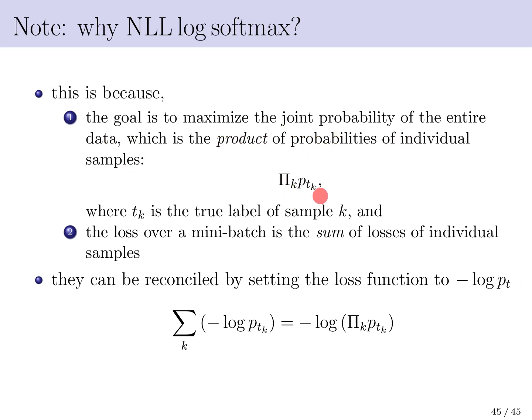So the true goal is to maximize this value, the product over the entire data set, PTK, where TK is the true label of sample K, right? The goal is to find the model that maximizes this value.